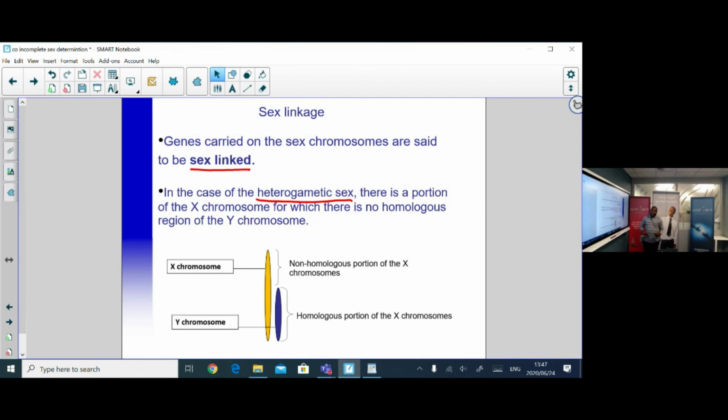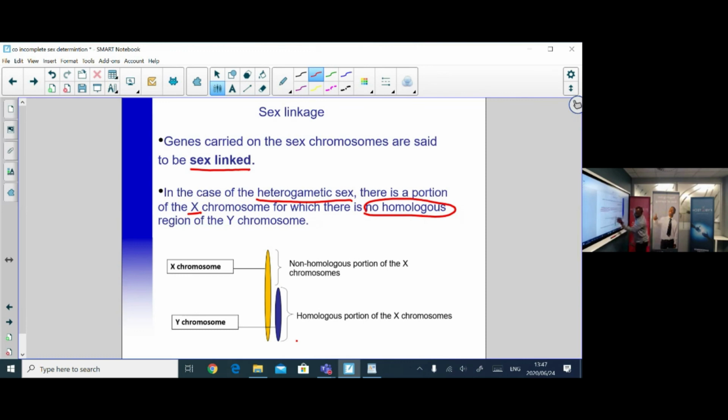It's a male, because a female can only be XX. There's a portion of the X chromosome for which there is no homologous chromosome on the Y chromosome.